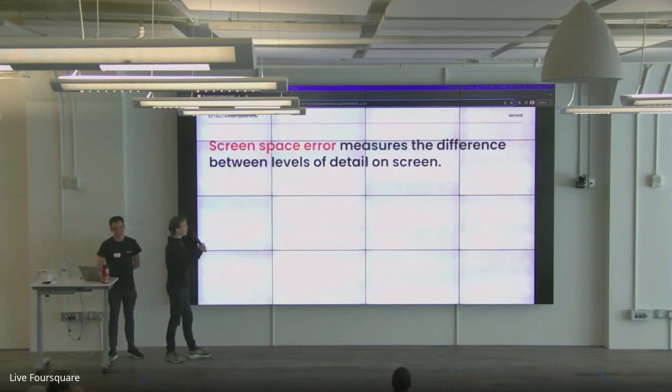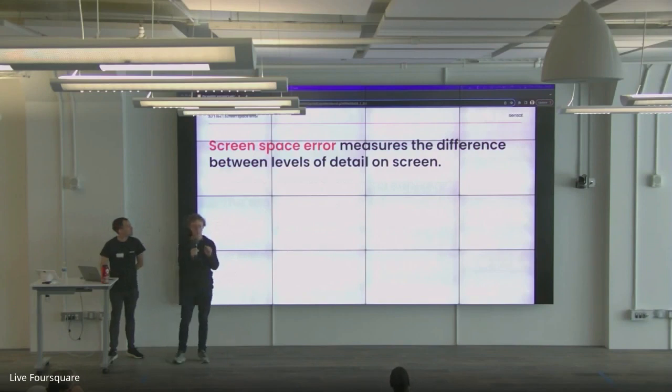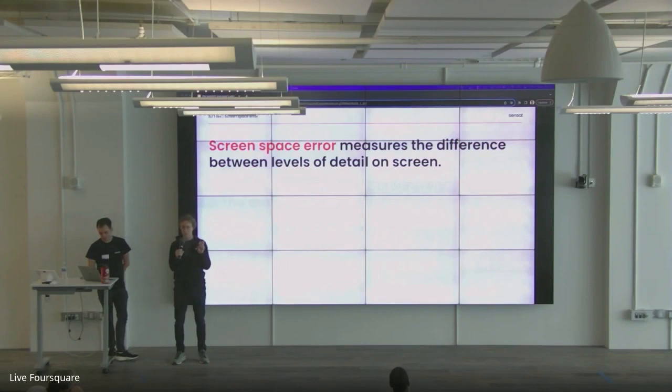So screen space error is a way of measuring the difference between the true geometry, the full level of detail, and the simplified thing we're showing on screen.